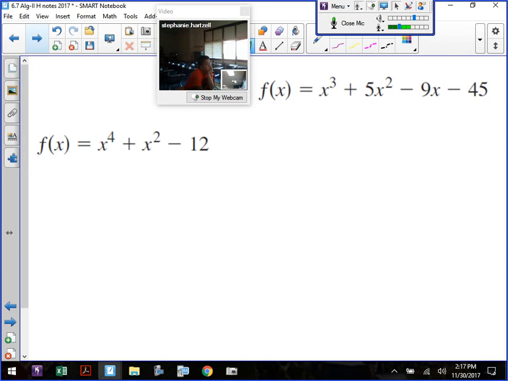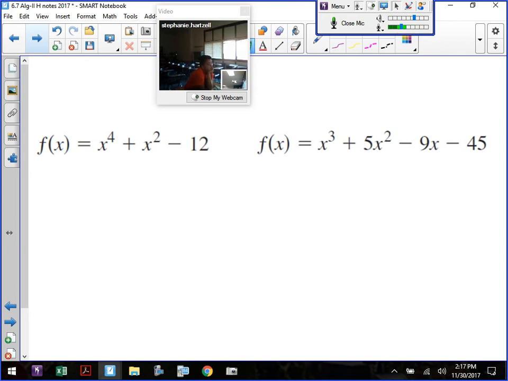So, let's look at these two. Find me all of my zeros. There are many ways to do these. Think about the possible ways of solving and factoring and getting zeros. You know how to group. You know how to factor a trinomial. You know how to use the quadratic formula. You know how to use synthetic division, your best friend.